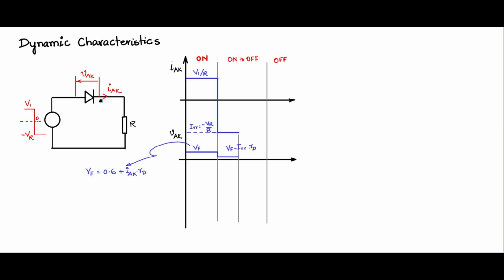IRR into RD will be the anode to cathode voltage.